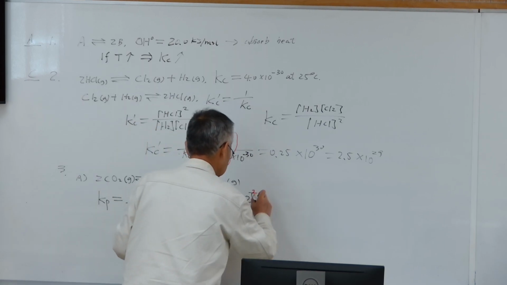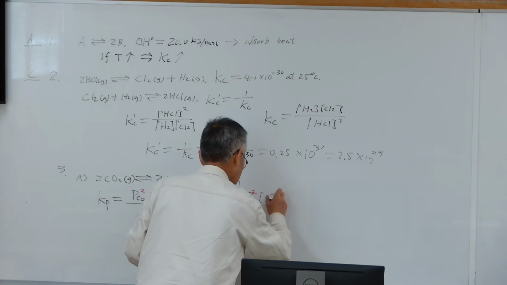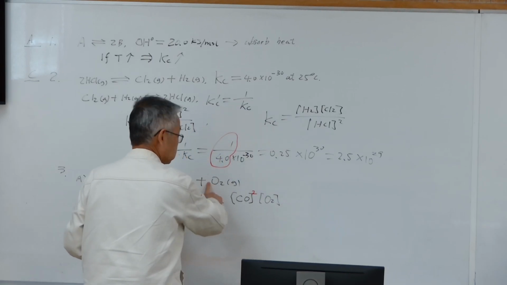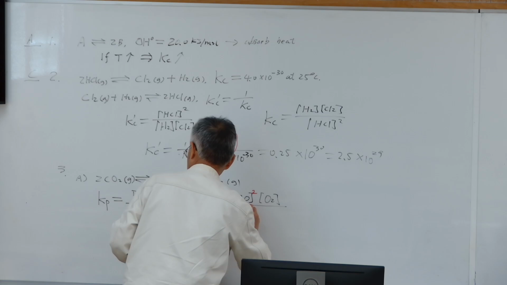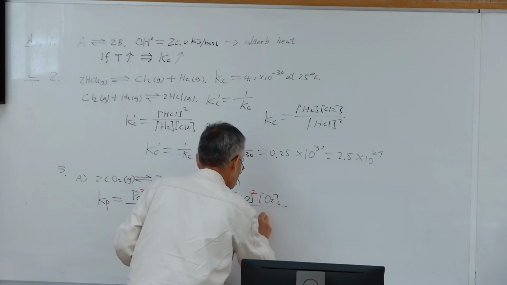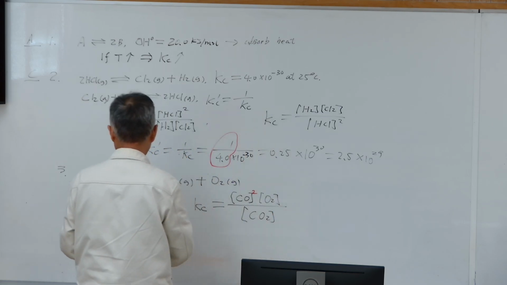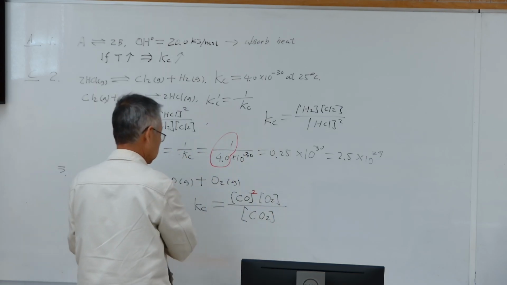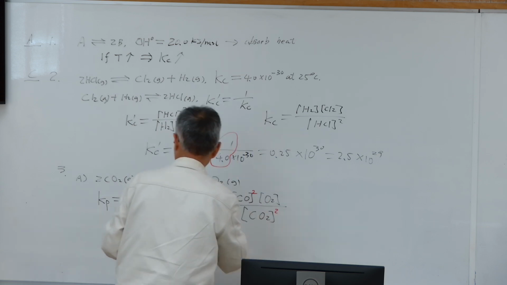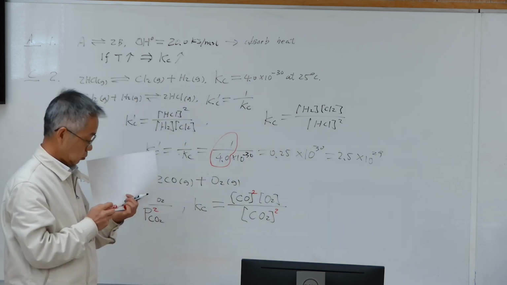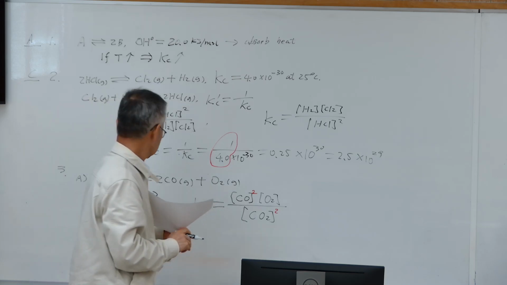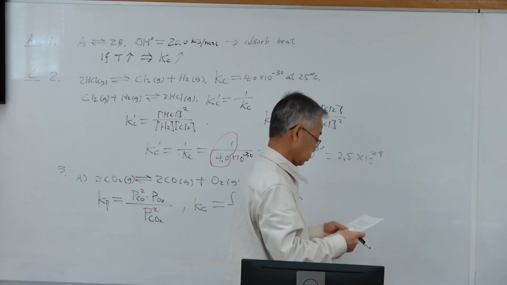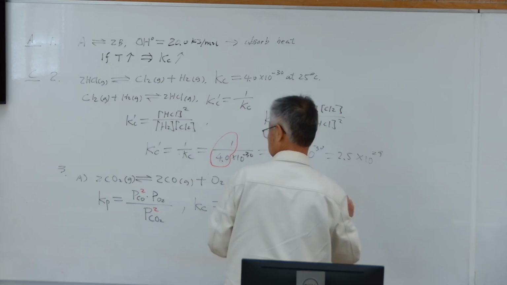And the O2 concentration, no number means 1, right? Still 1. Then CO2 is also second power because in the balanced equation you have coefficient 2 there. Right. Reaction B.